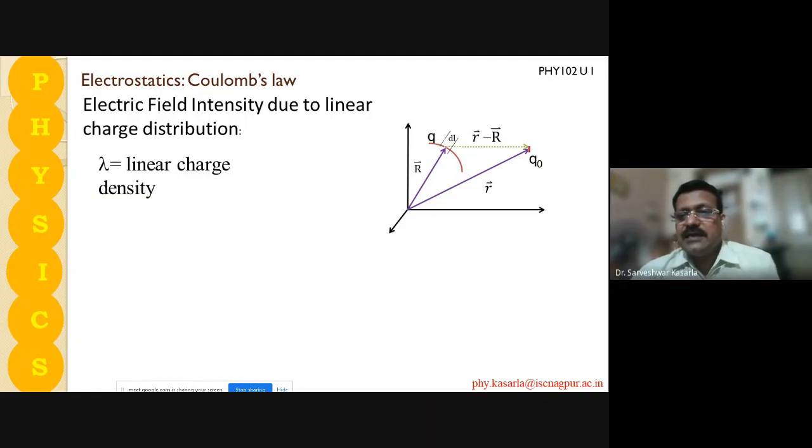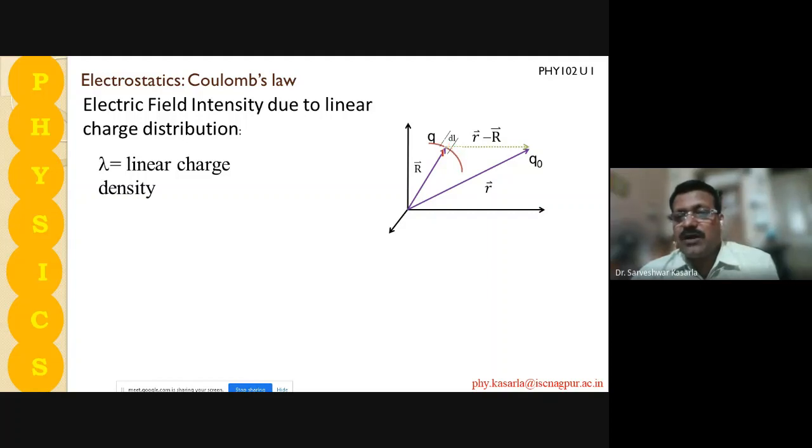Here, the point where the intensity is to be found out is where the test charge Q0 is placed, and its position vector is small r. The charge is distributed along this line.